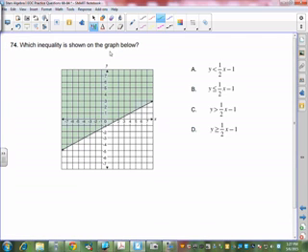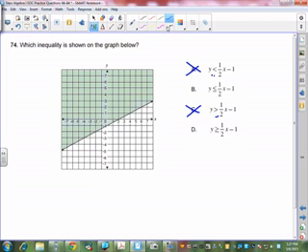Which inequality is shown in this graph below? First of all, I noticed that they have a solid line, which means that the symbol has to have a little equal to under it. There is no way it can be A or C because they are missing that little equal.